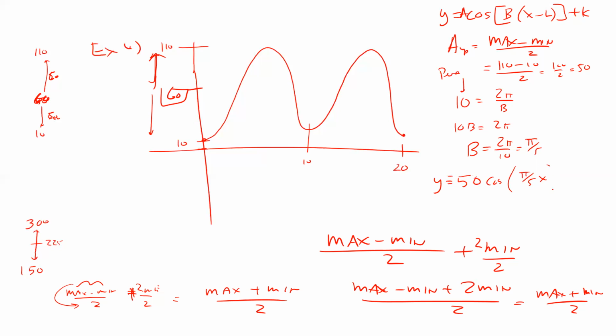Do we have a vertical shift? How much is the vertical shift? It is 60, absolutely. That vertical shift is 60. So it's the midline. So that's the k value.